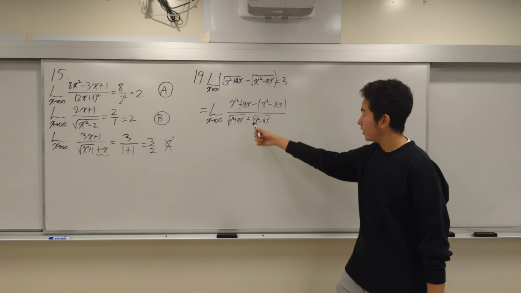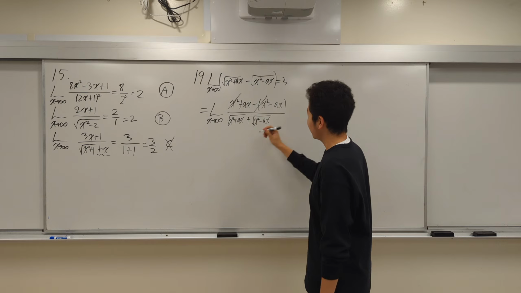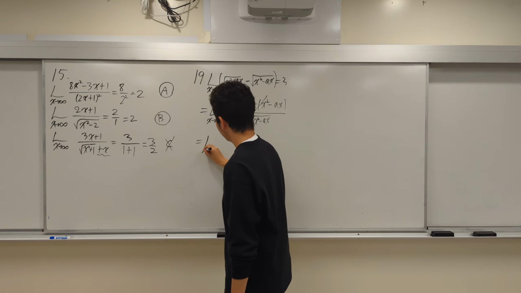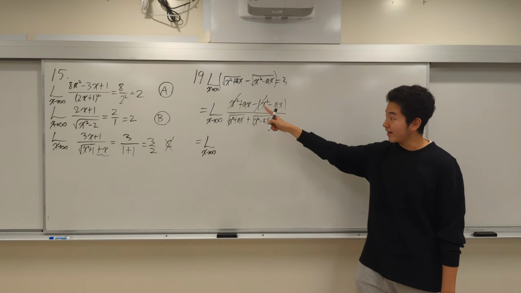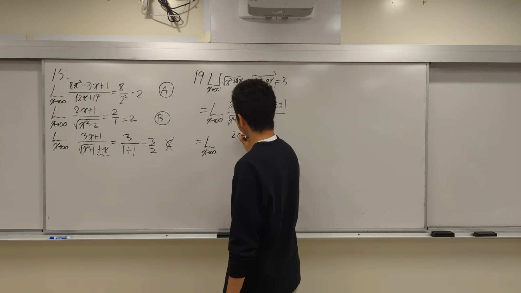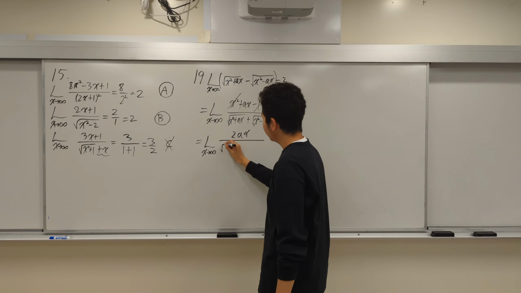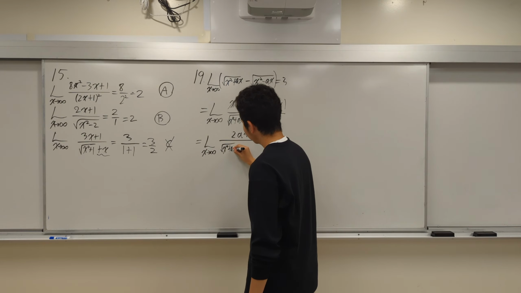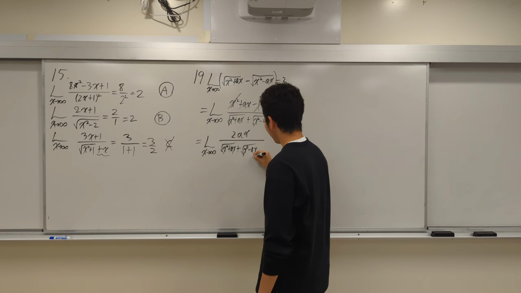So as you can see, in the numerator, the x squares cancel out, which leaves you with, as x goes to infinity, ax plus ax, right? Ax plus ax is 2ax over square root of x squared plus ax plus square root of x squared minus ax.